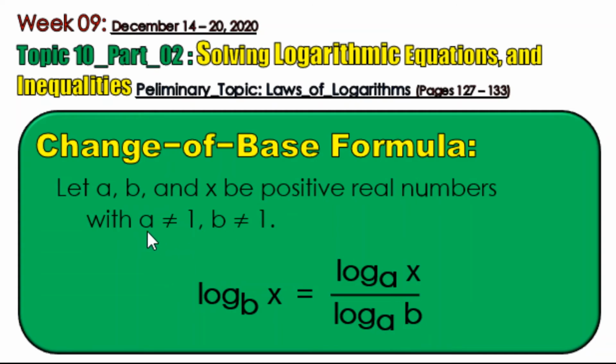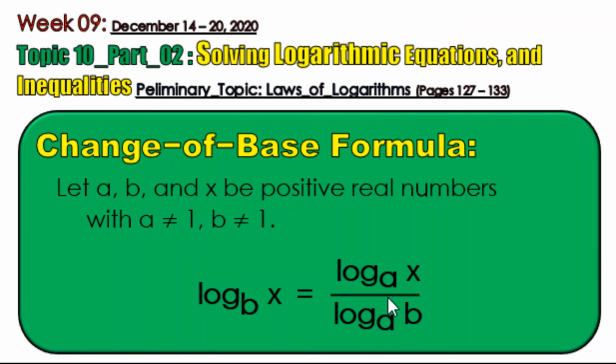Remember your a must not be equal to 1, and we have the x, which is the argument, and b, which is the base of your logarithm. So this is what we call change of base formula. From the base b, we have changed our base to base a.